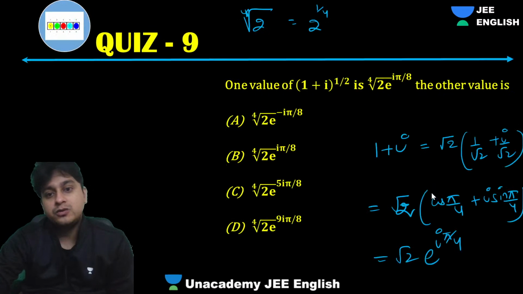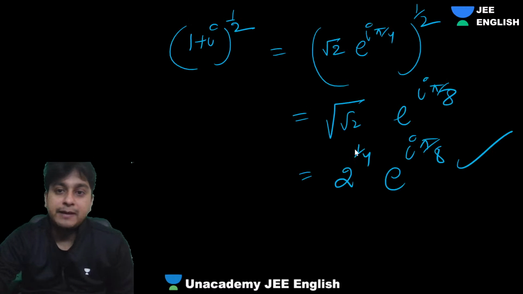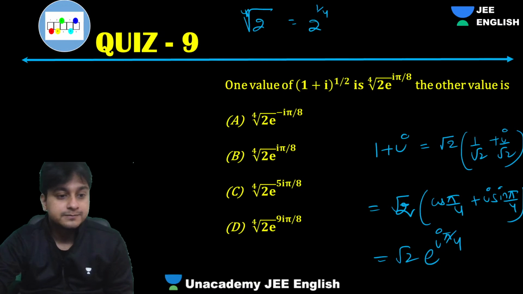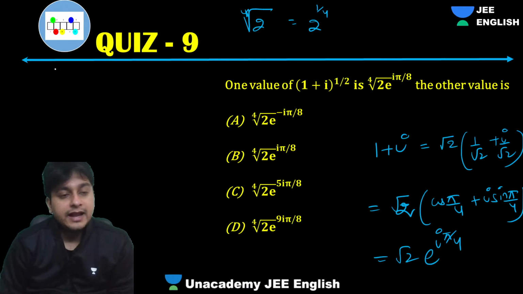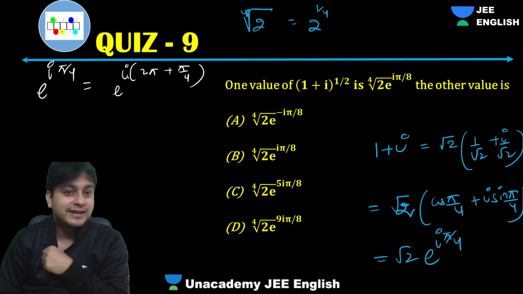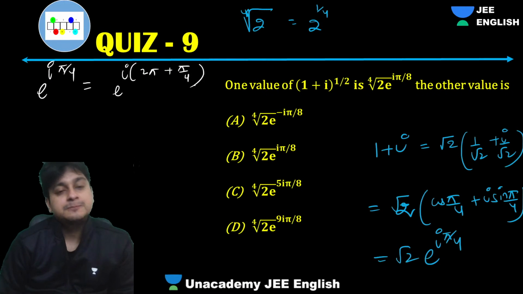They're asking the second root. Now we can write it as e power i pi by 4, but some guy will argue, sir, we can write it as something else also. Can't we write e power i pi by 4 as e power i times 2 pi plus pi by 4 also? Obviously yes, because cos of 2 pi plus pi by 4 is the same as cos pi by 4.